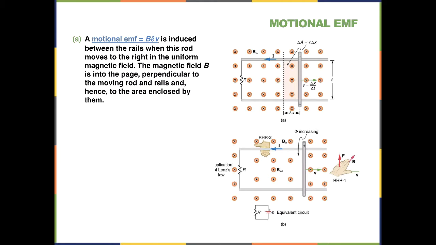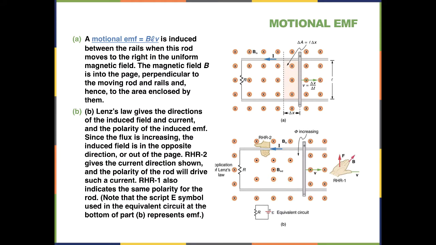You can also see by the left-hand rule, or right-hand rule 2, that this induces a field in the opposite direction to the one that's present. That's Lenz's law: the induced current causes a field in exactly the opposite direction of the one that's being measured.